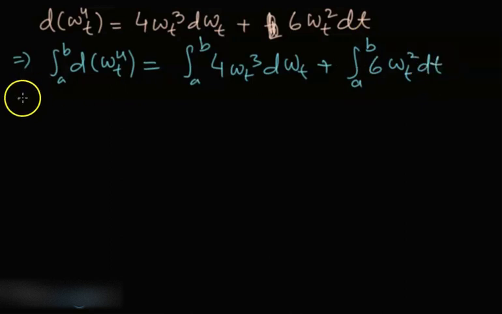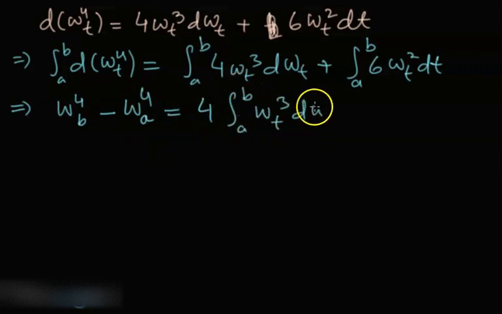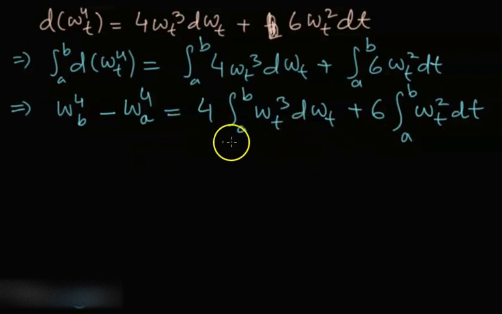So on the left side we will have W sub b to the power 4 minus Brownian motion computed at a to the power 4, to be 4 times the integral from a to b of W t cubed dW sub t plus 6 times the integral from a to b of W sub t squared dt.